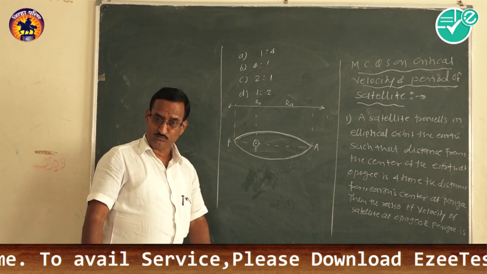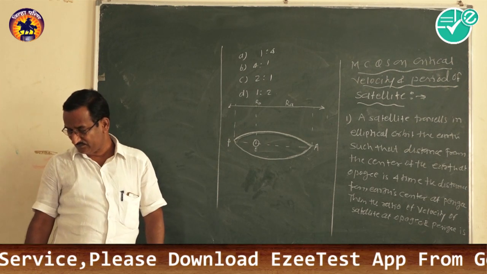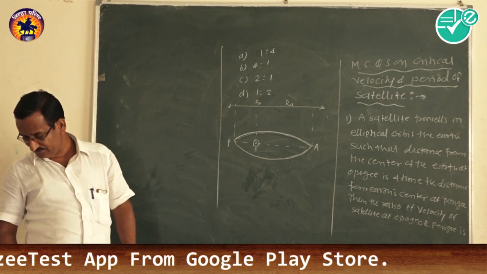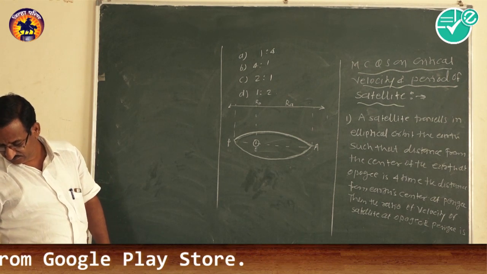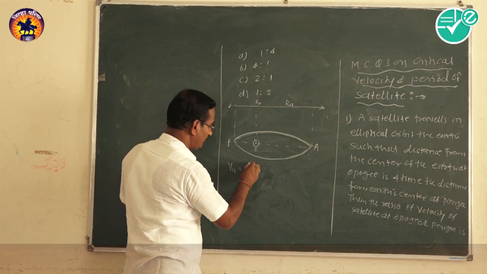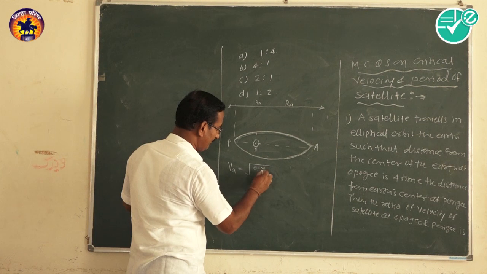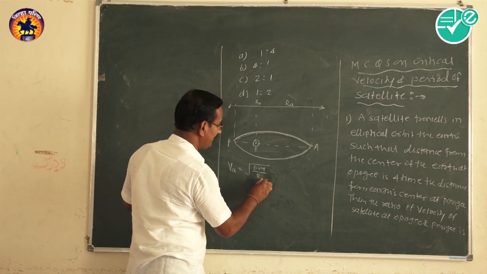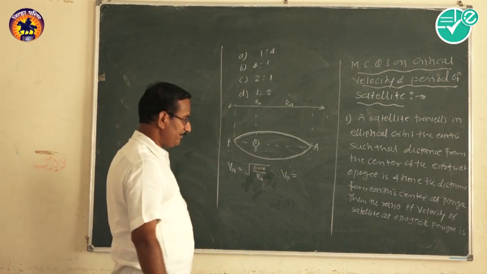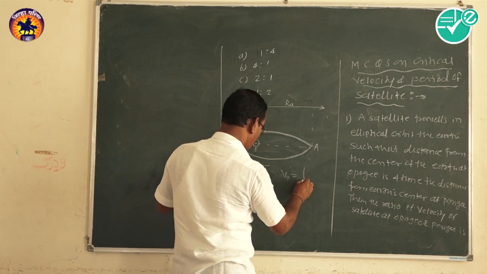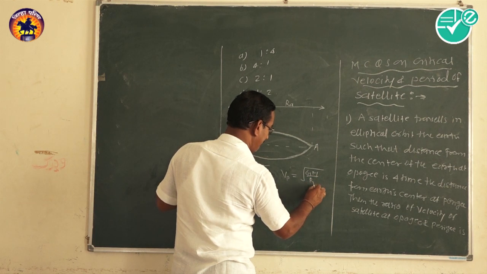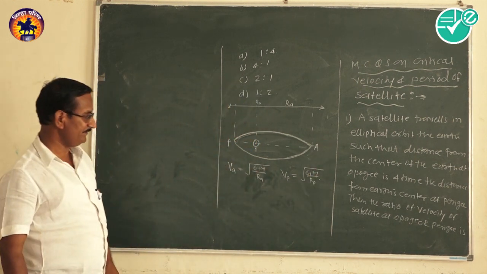But we have to also know the velocity of the satellite at apogee and perigee. Suppose VA is equal to under root GM upon RA, and VP, the velocity at the perigee, is under root GM upon RP.